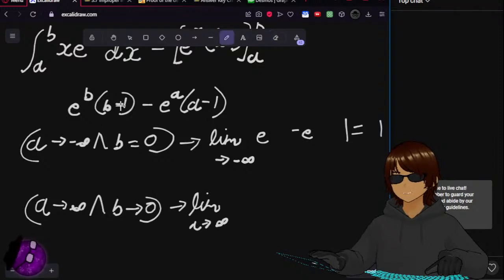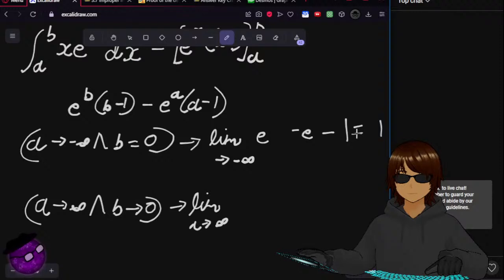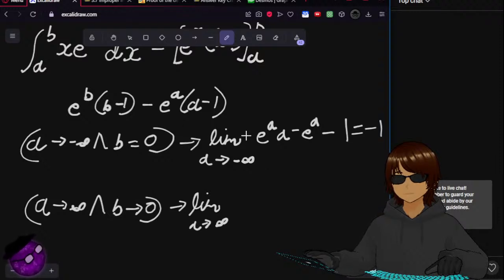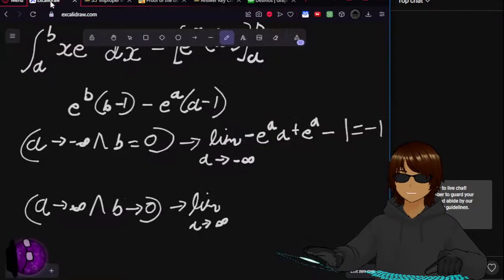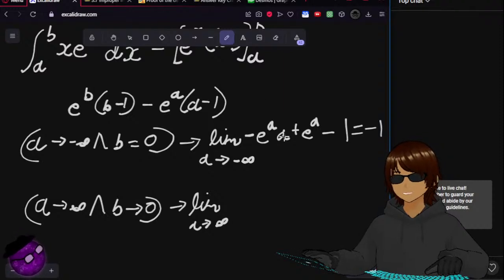Since B is 0, it will become +1. Sorry, -1. Is this correct? Yeah, this makes more sense.